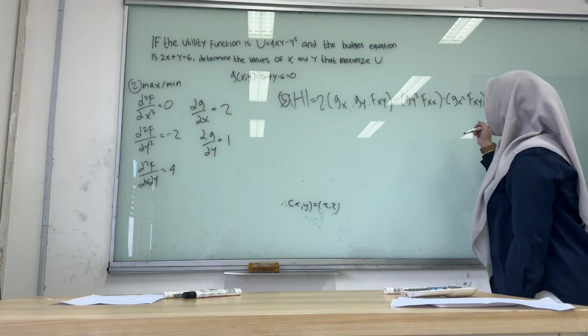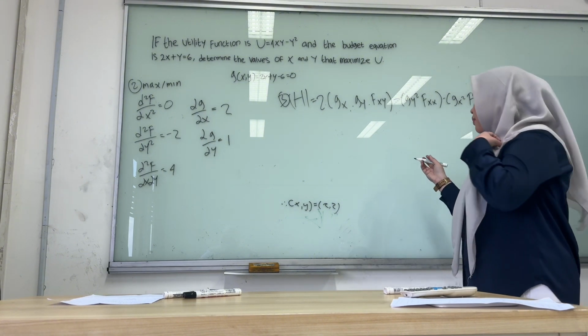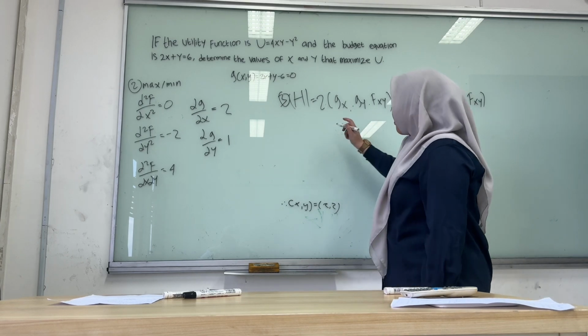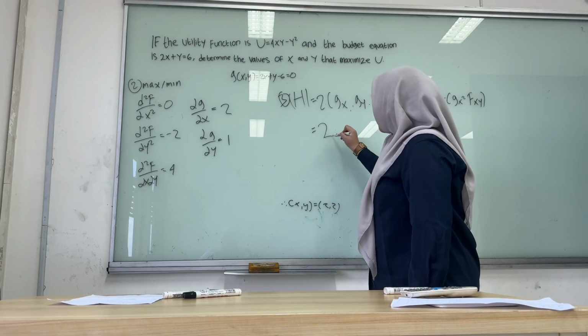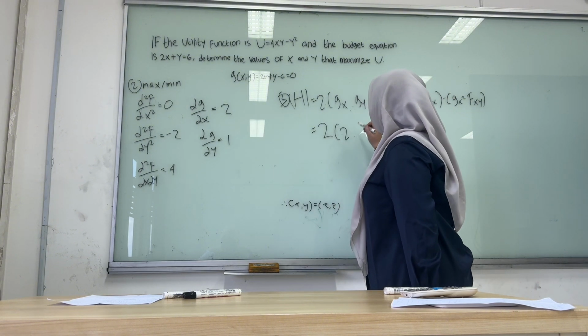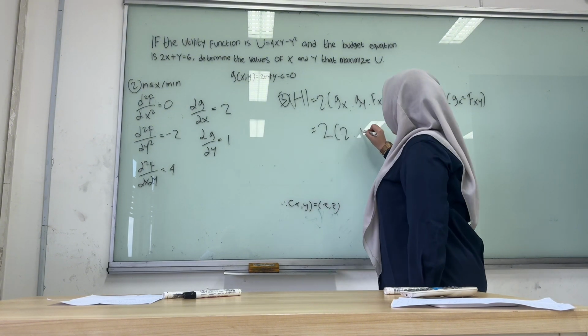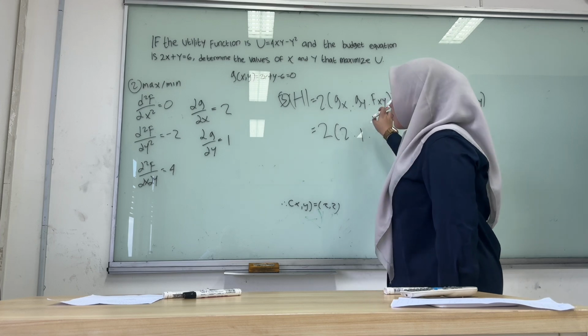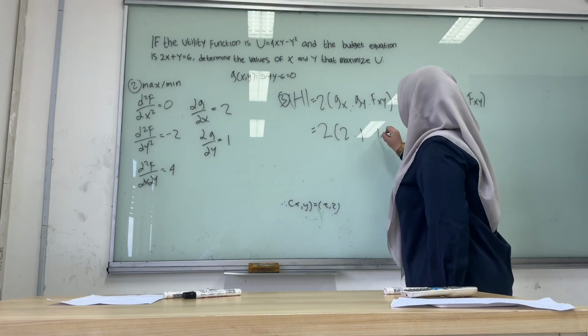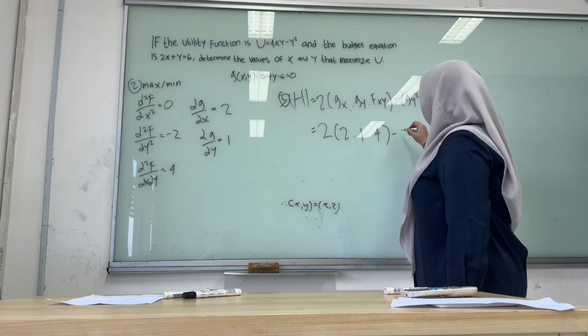Here is the formula, and then we need to substitute into it. So 2 gx, look here, gx is 2, gy is 1, fxy is this 4, minus gy quadrat.